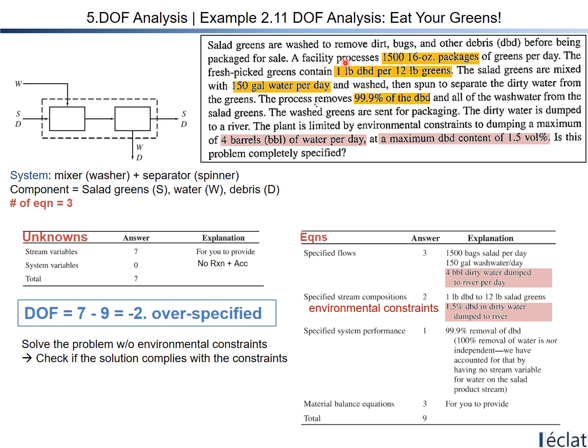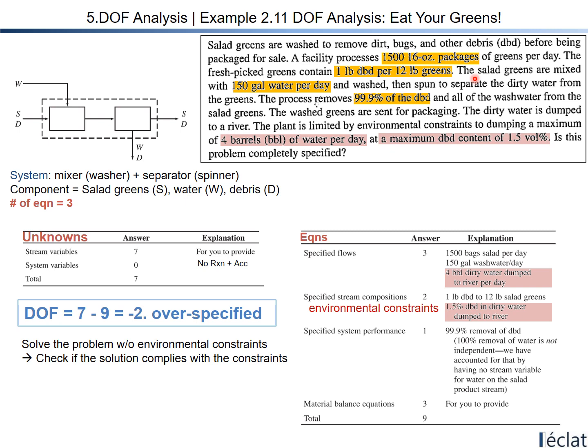A facility processes 1,500 16-ounce packages of greens per day. It is a kind of basis for your product. The fresh picked greens contain 1 pound debris per 12-pound greens. A kind of composition, I think.